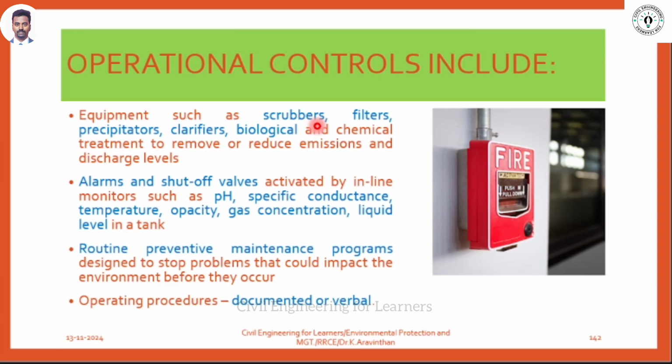So the use of a scrubber comes under what control? Operational control. Filters, precipitators, clarifiers come under wastewater treatment. Biological and chemical treatment remove the emissions and discharge levels. Whatever process you are doing for this comes under operational control. Alarm or shut off valve.